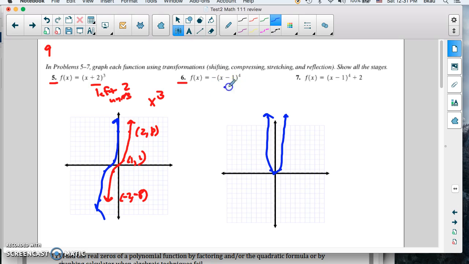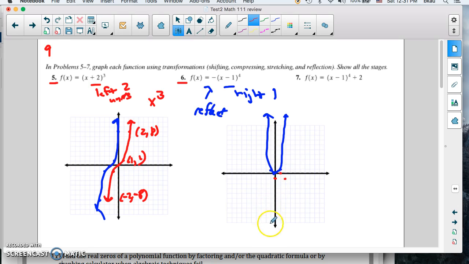It's a very steep upward graph. So this does a right 1 shift and a reflect. All right, so right 1 and reflect. The graph should look like this. You move it over to here. It reflects, so it goes down instead of up.